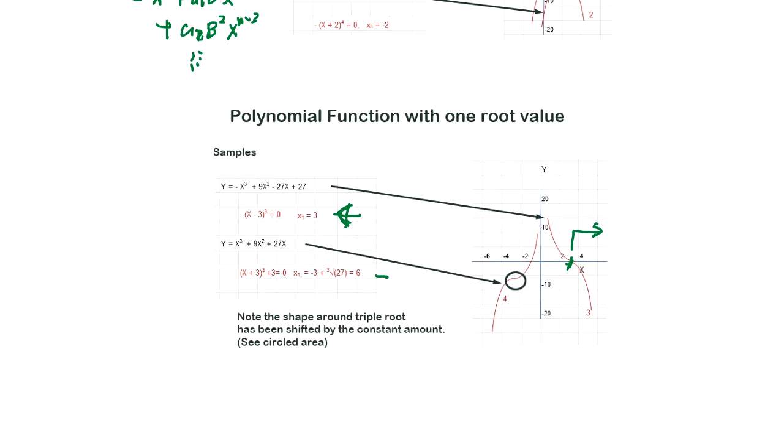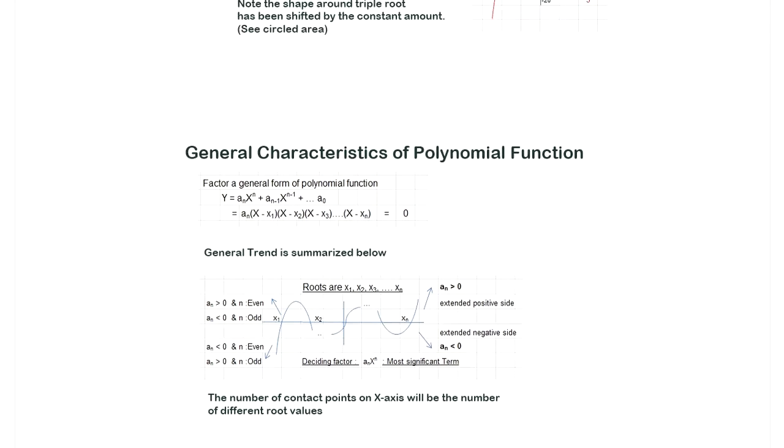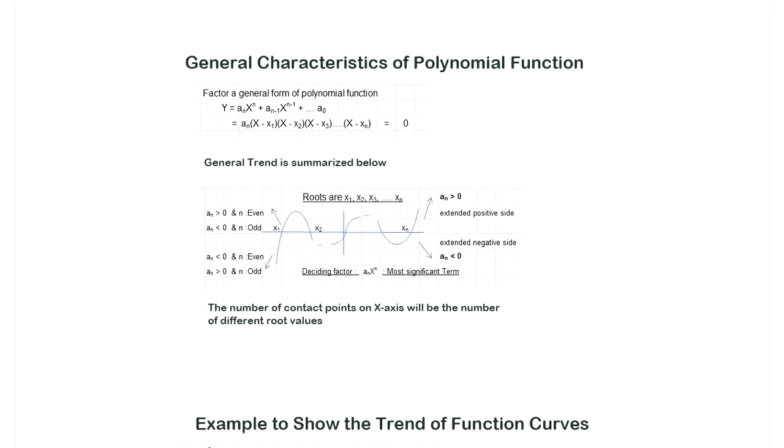And in this case, there are complex number roots. Okay, we count those too. So, general characteristics of polynomial functions. If we summarize all of that, we have a general form of polynomial here.